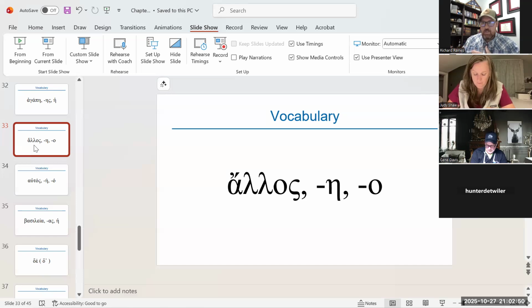Because if I include the word allos in a sentence and ask you to translate it, I don't want you to give me other and another. I want you to just pick one, whichever fits the context. So if it's easier for you, just remember one, or remember the one you think you would use the most.